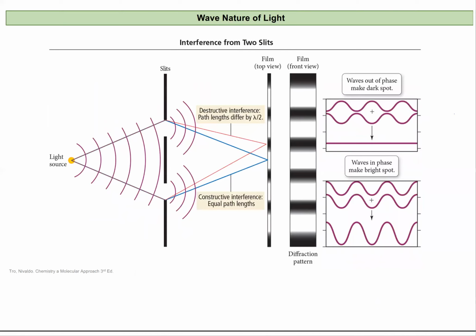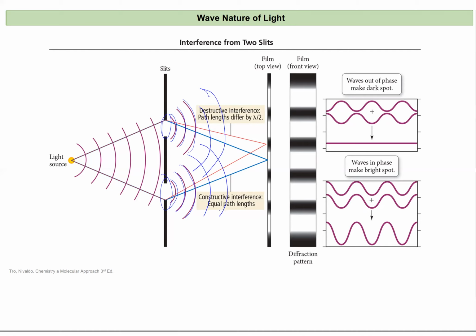So combining diffraction and interference, if we shine light as a wave at a barrier that has two slits this time rather than one, each of the waves will diffract at each of these slits. And as it diffracts, if you kind of continue this out, it'll start to overlap.